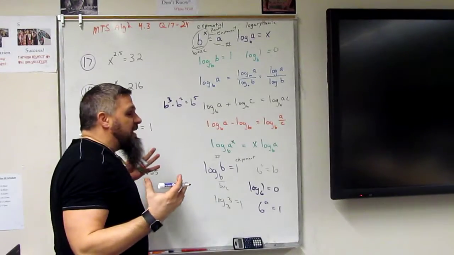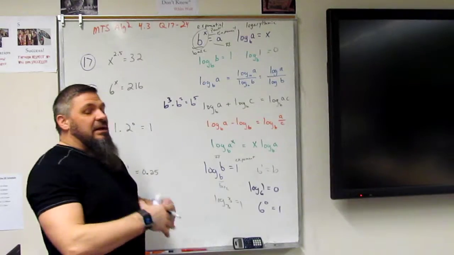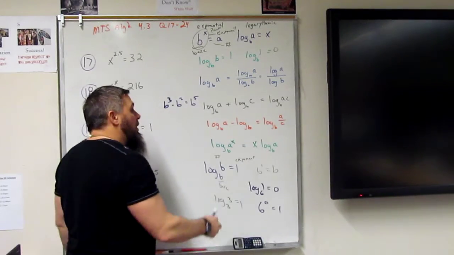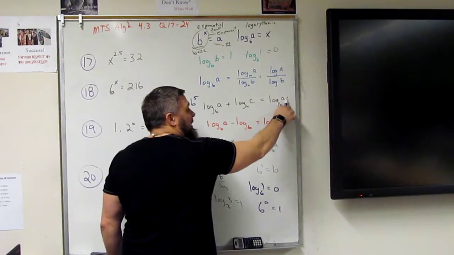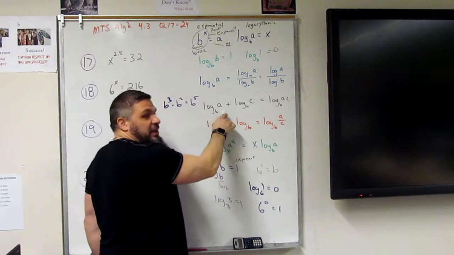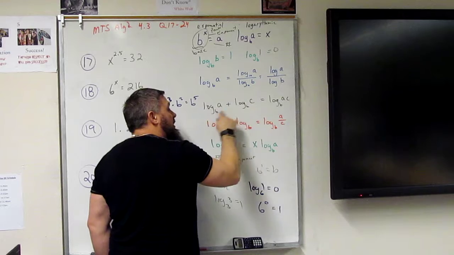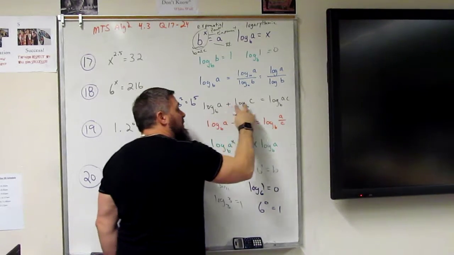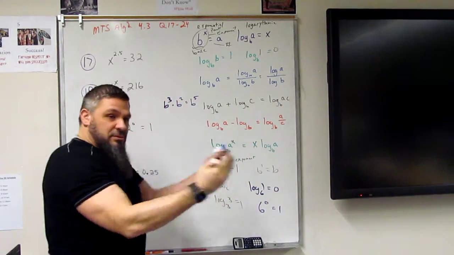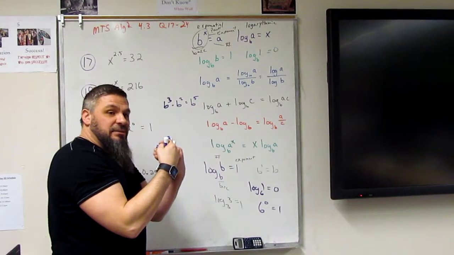The same aspect with logarithms, because they are exponents, when we multiply two things, we can go this way and say we're adding exponents. Or if we're adding two logarithms with the same base, we can just multiply those two numbers on the inside.